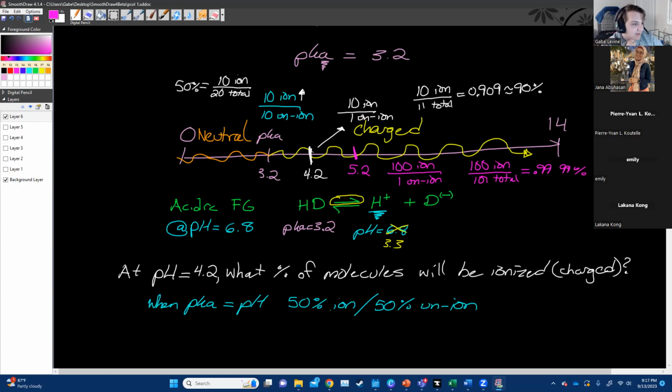In the same way that if we went to 2.2, it would be 1 ionized for every 10 unionized. So the opposite of 4.2. So at a pH of 4.2, what percent of molecules will be charged? 90%. That's how we found that number.